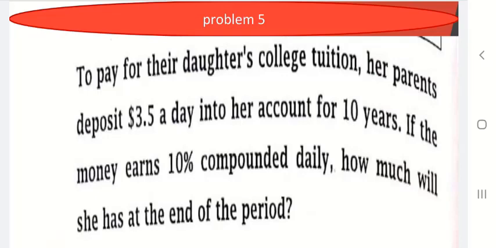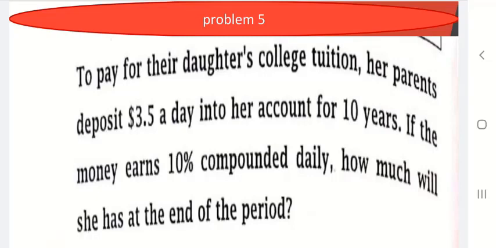The annuity here will be equal 3.5 daily. So in a year, we will put 3.5 times 360. So N will be equal 360 times 10.